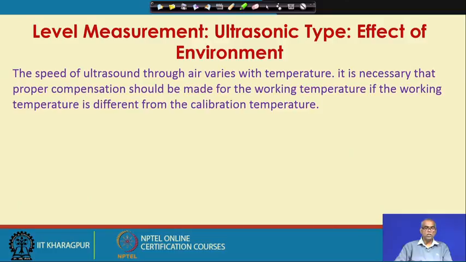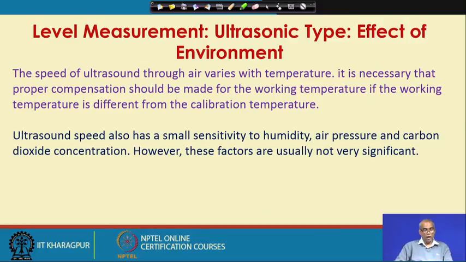So, since the speed of ultrasound through air varies with temperature, and if the working temperature is not the same as the calibration temperature, we should compensate for the effect of change in temperature. Ultrasound speed also has a small sensitivity to humidity, air pressure and carbon dioxide concentration.